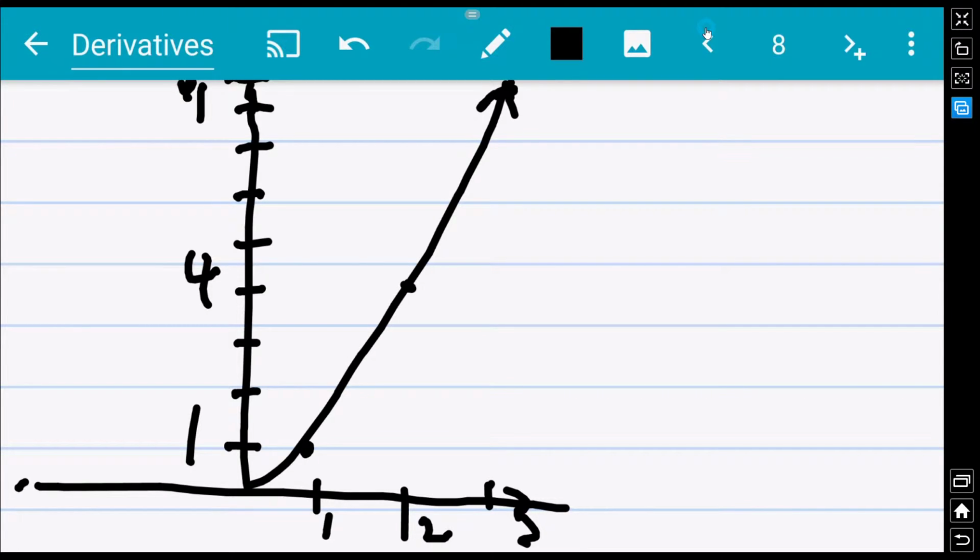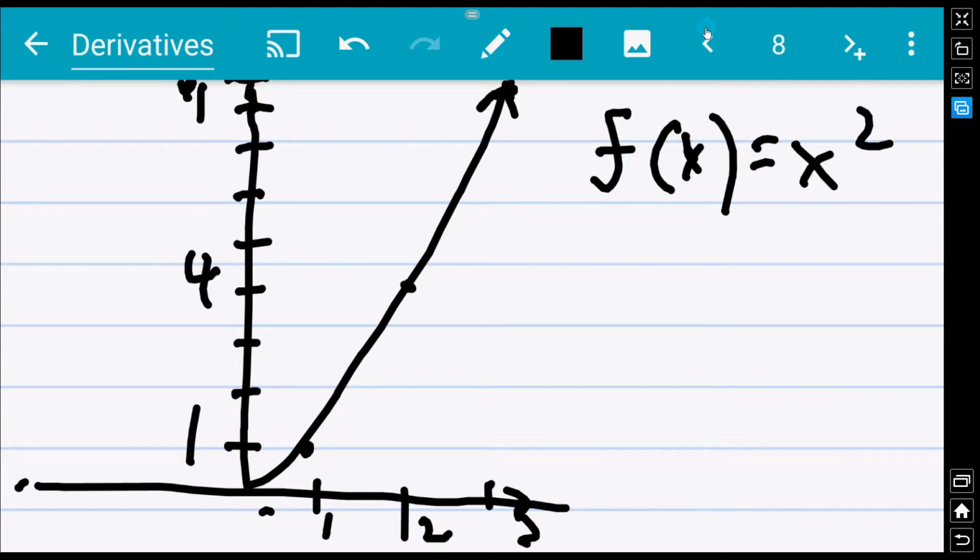So this is curved. Now, the rate of change is how fast this is going up by. So if you sub into f of x, which equals x squared, if you sub in an x, you'll get the y value.